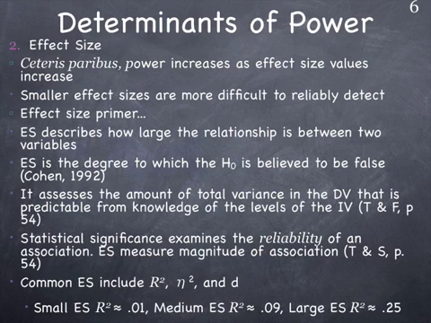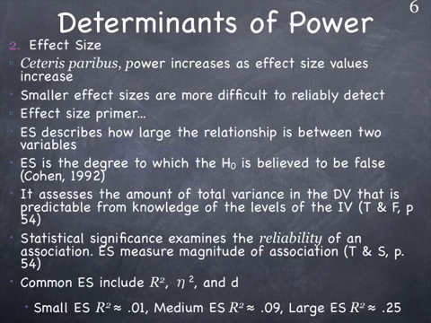Effect size is the degree to which the null is believed to be false. That's from Jacob Cohen. It assesses the amount of total variance in the dependent variable that is predictable by our knowledge of the levels of the independent variables. That's from at least my edition of the Tabachnick and Fidell textbook. Statistical significance examines the reliability of an association.